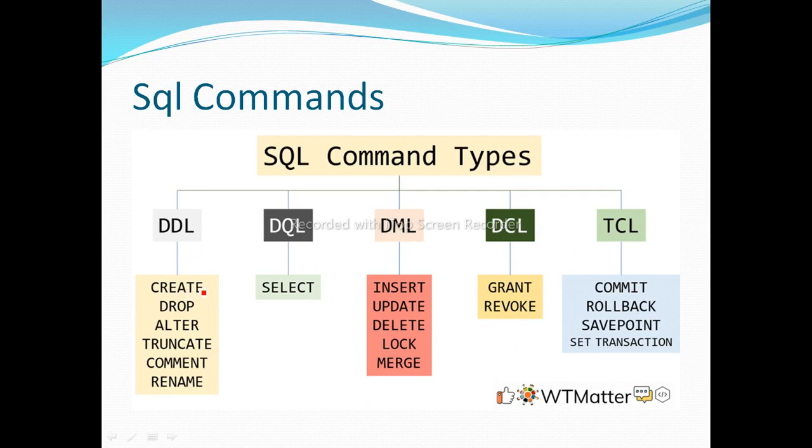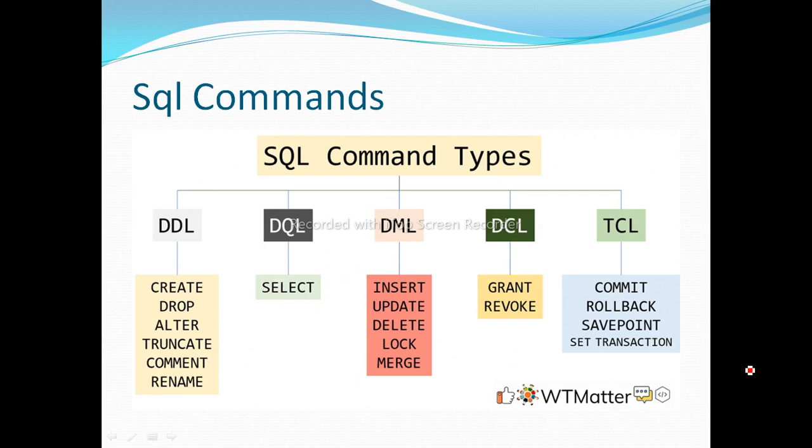I will explain how to write the query, how to define the data, and how to create the table. Drop means deleting a table or deleting some data, some row or column. Alter means updating a table; when we write alter table, we are changing some criteria to alter the details. Truncate means to delete. Comment, when we want to comment something. Rename, when we want to rename something.